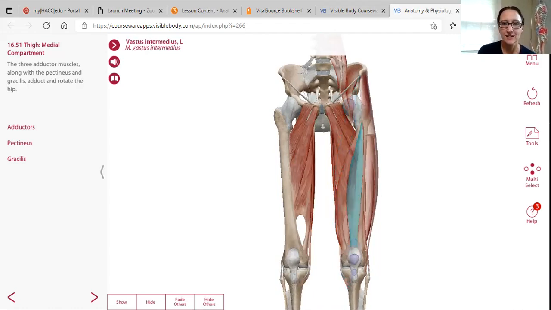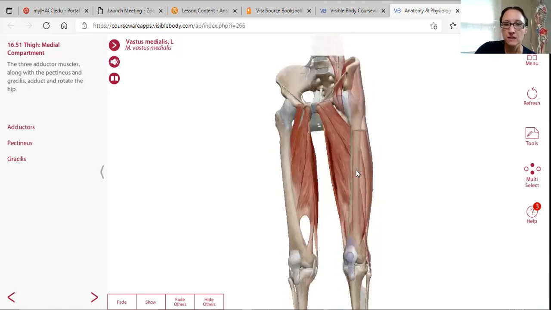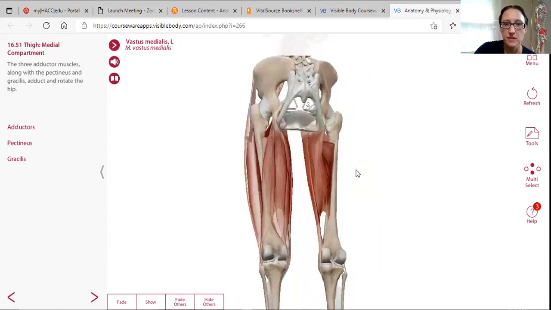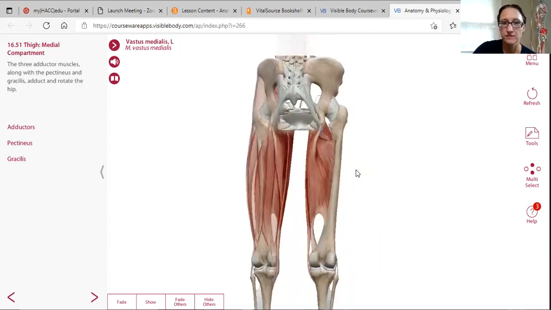Gonna hide all of the quadriceps because we don't need to see those, right? Okay. So let's turn this guy around here. There's vastus lateralis. I just left him in there. And the hamstring group, I left him in there too.